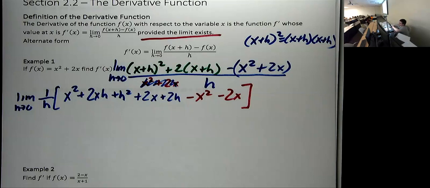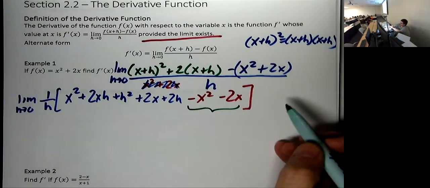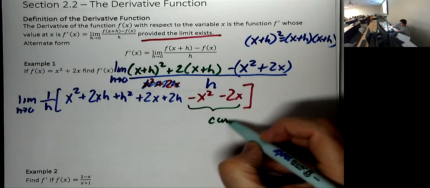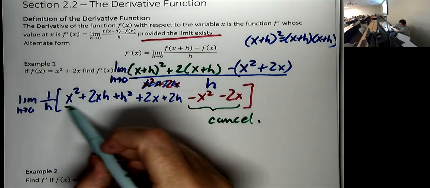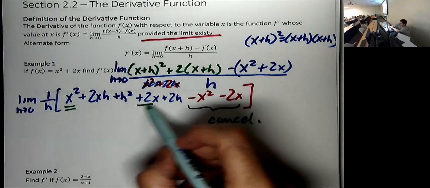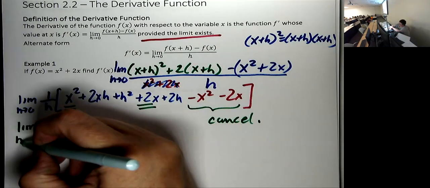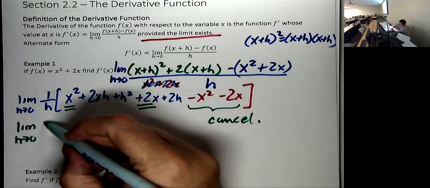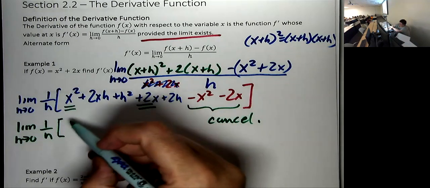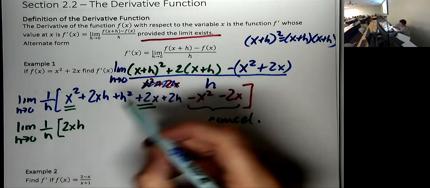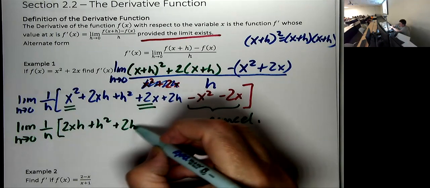All right, so some stuff cleans up, right? For polynomials, this should cancel. Let's go find it. I've got an x squared here and a 2x here. I am left with 2xh plus h squared plus 2h.